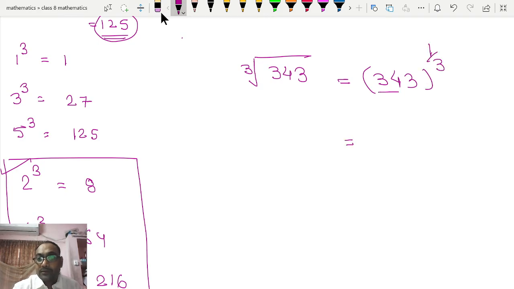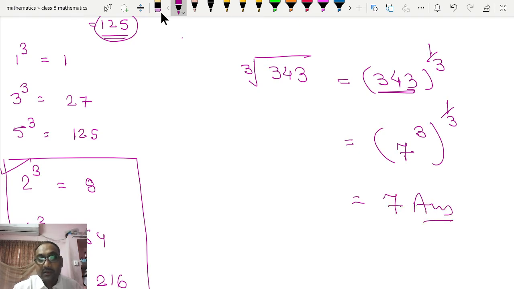Or if you write 343 in exponential form, you will write 7 to the power 3, whole to the power 1 by 3, or directly you can write the answer is 7.